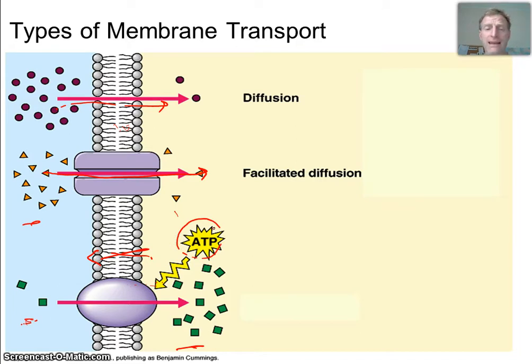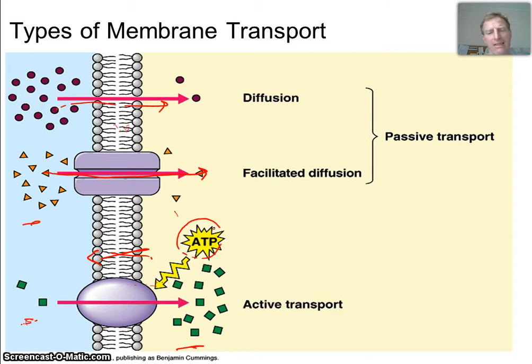So we have to put that energy in there and then sort of pump them across the membrane. And that takes energy in the form of ATP, and that's called active transport. I'm sorry, the first two processes are passive transport. The third, using energy, is active transport. Okay, so those are three types of movement across cells that we're going to be studying this week.